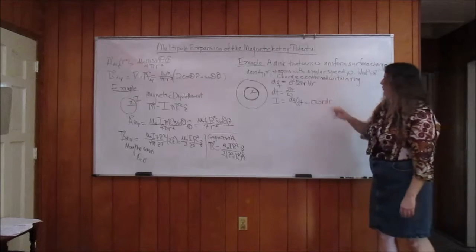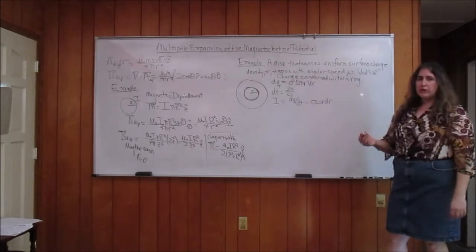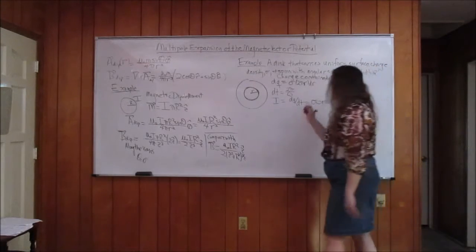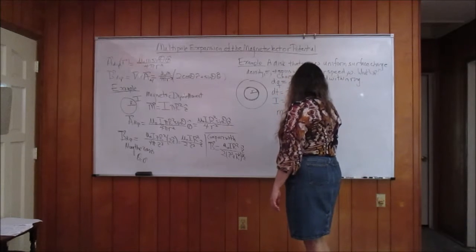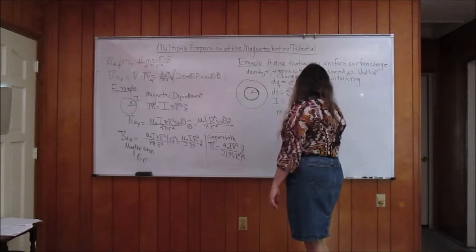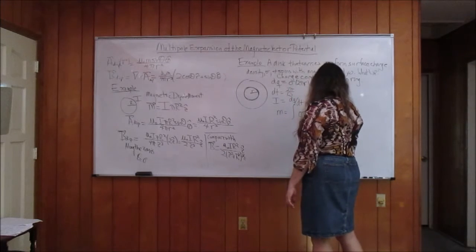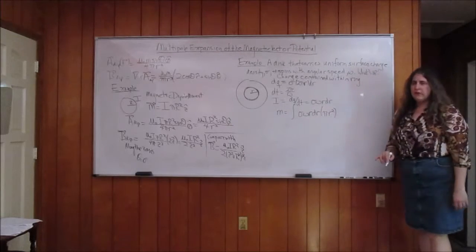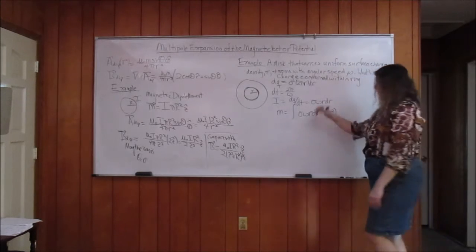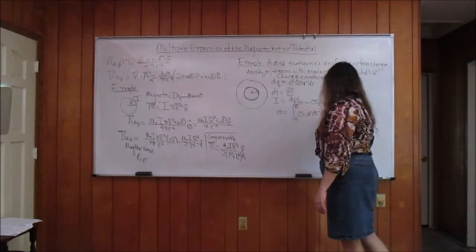So I know what the current is, and then I also know the area as well, so I'm going to have to integrate this. And therefore, M is equal to the integral of sigma omega r dr, and also times the area of the ring, which is pi r squared, integrated from 0 up to r.